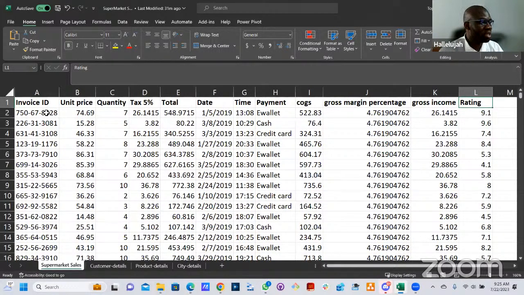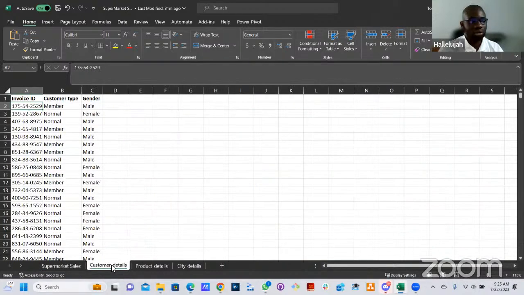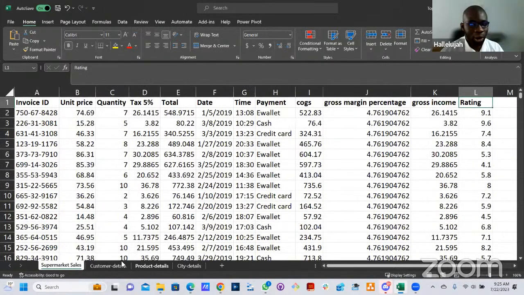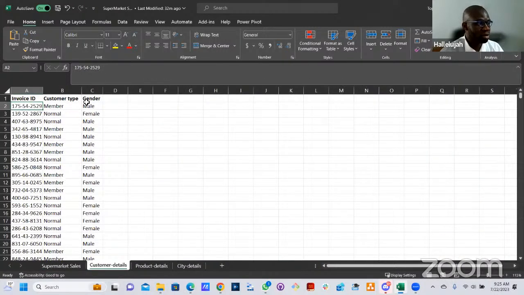Copy all this data, move it to that new sheet, and then begin to add your interpretation. Don't use any of this sheet. If I were you, I wouldn't use any of this sheet. I would create an entirely new sheet, copy this one first, then begin to match this invoice ID with the one you have in your new sheet, and try to bring all of them together.